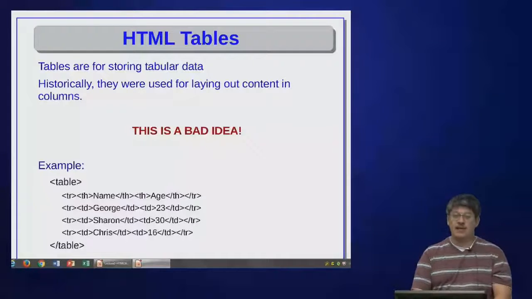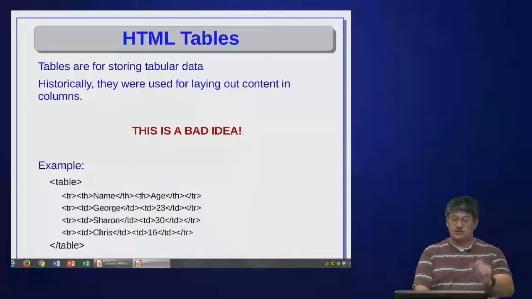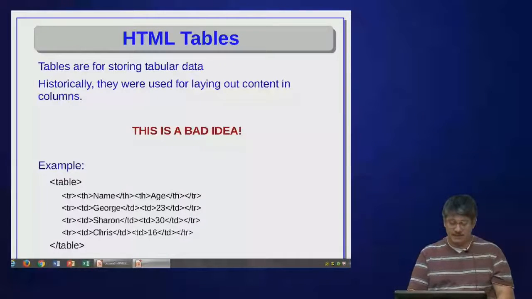On the second row, we have a td tag. td stands for table data. Data cells begin with a td tag and end with a slash td tag. So the first table data cell in the second row has the word George in it. George is going to be the content of that first cell of the table. In the next cell, we have the age 23. So George, 23 are data cells, and we delimit them with a td and a slash td tag.